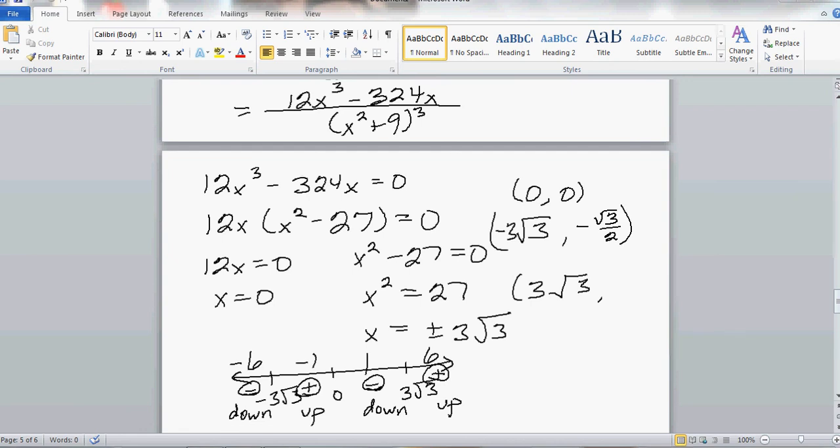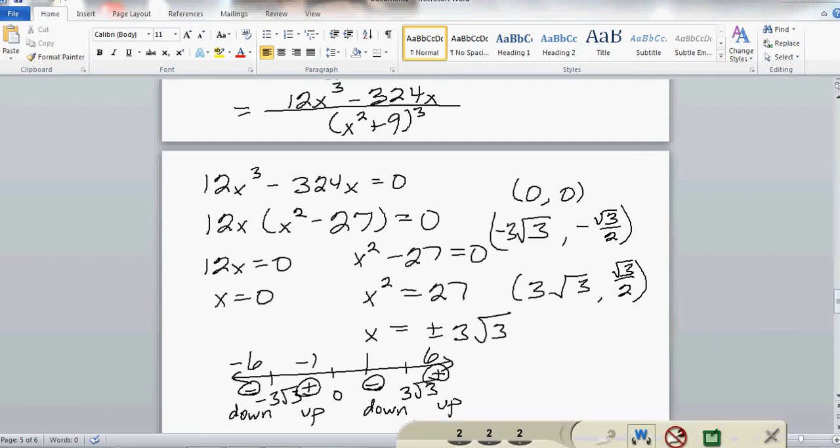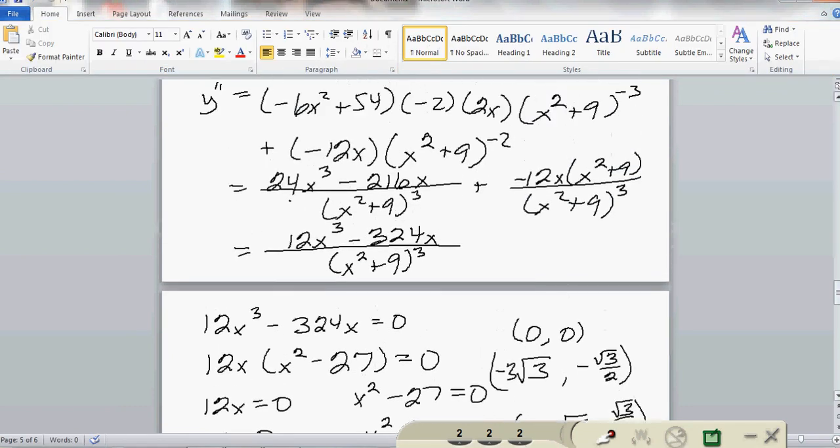And if we plug in the positive, then the only difference is we're changing the sign from negative to positive. So we get these values right here. So now we have all of our points that we could possibly need. Let's go back up and review.